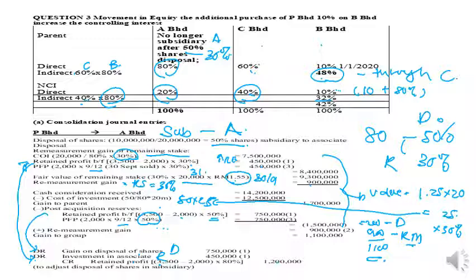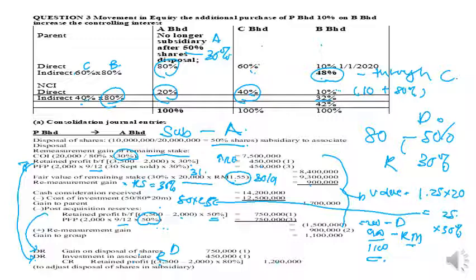Profit here is 2 million times 9/12, because you disposed on 30th of September, when P sold 10 million. So you are entitled to profit for 9 months. This is the share of the current year profit. So the total COI here will be 8.4.